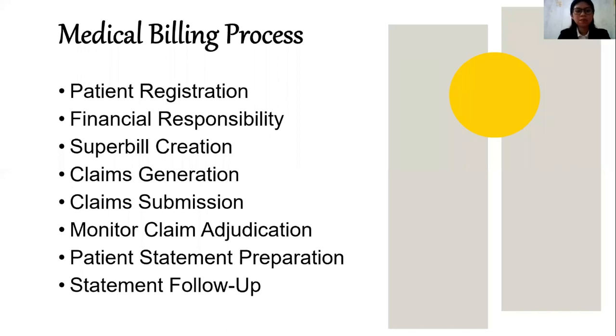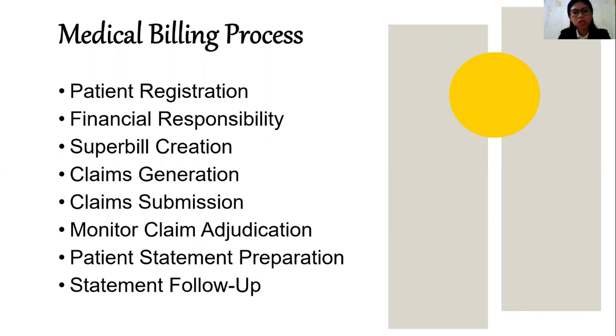First of all is the patient registration. Patient registration is the first step on any medical billing flowchart. This is the collection of basic demographic information on the patients, including their names, birth date, and the reasons for a visit.